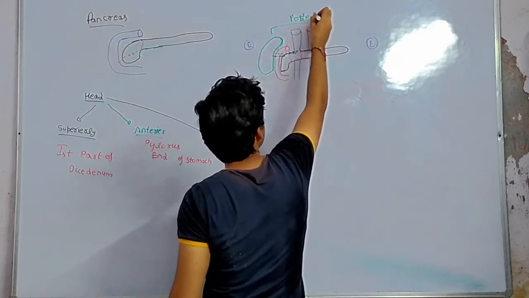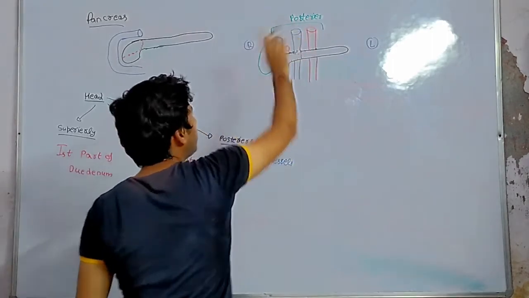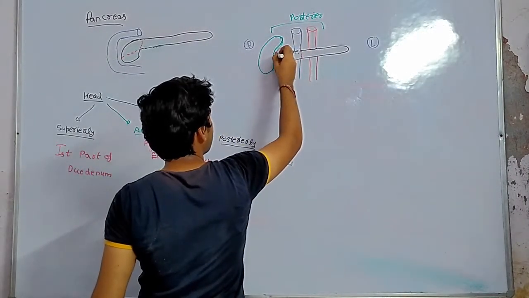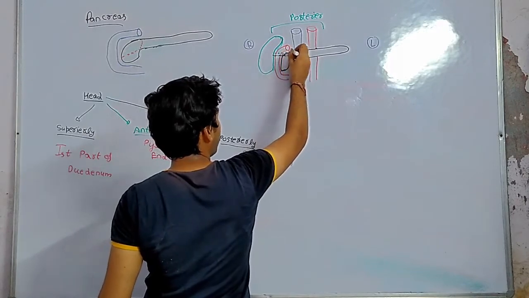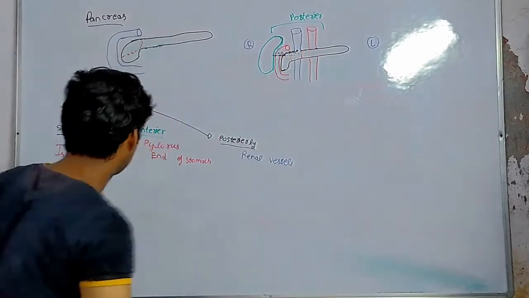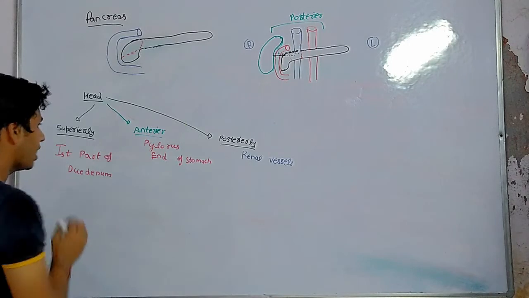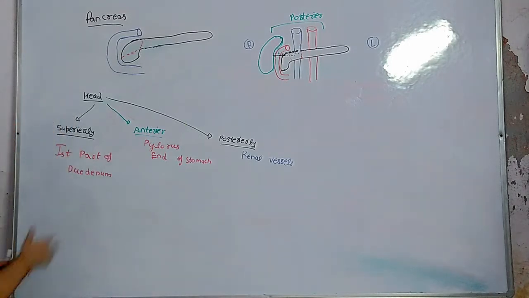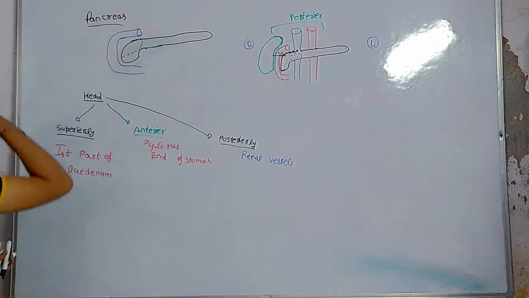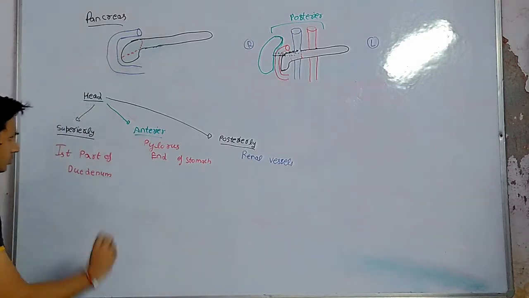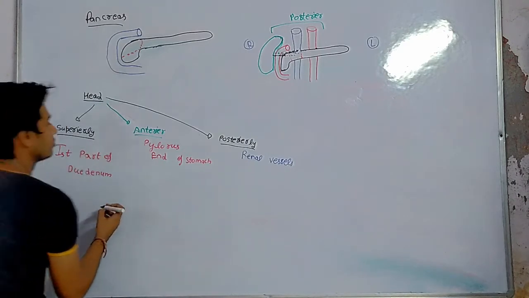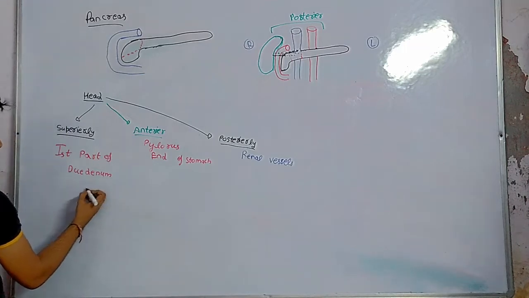Remember, these are posterior: the abdominal aorta, the inferior vena cava, and these vessels which come behind the head. These are important relations. Anteriorly, we have the pylorus end of the stomach. These are the relations of the head. Now come to the another part, the uncinate process.